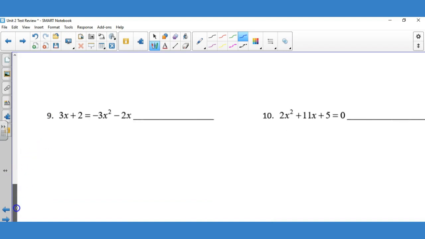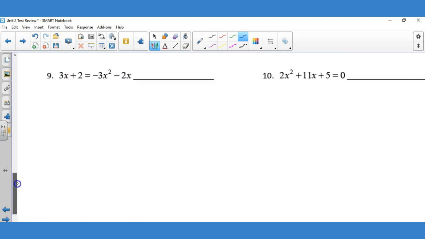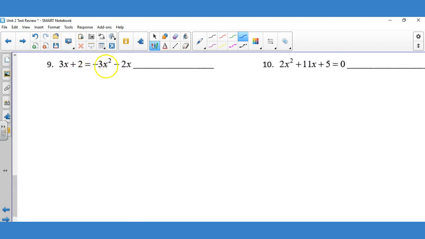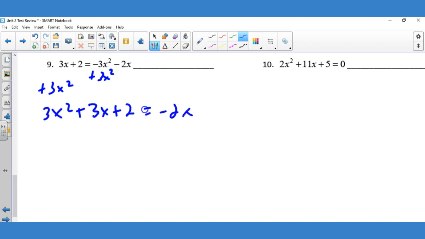Number 9, I would isolate everything to one side and make this equal to 0. Here's what I mean by that. If I move the -3x squared to the left, so plus 3x squared on both sides, that gives me 3x squared plus 3x plus 2 equals -2x.